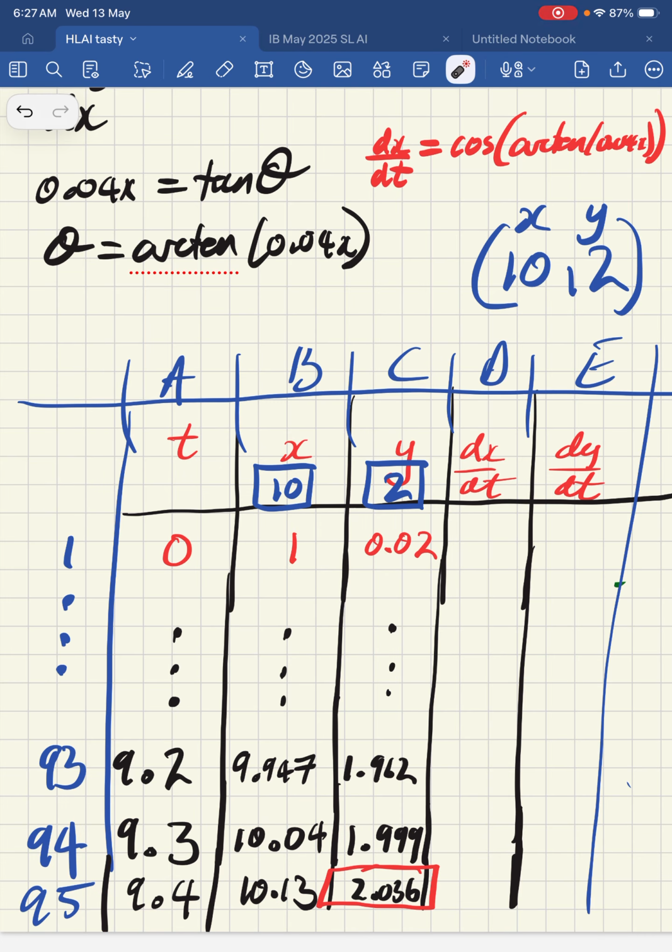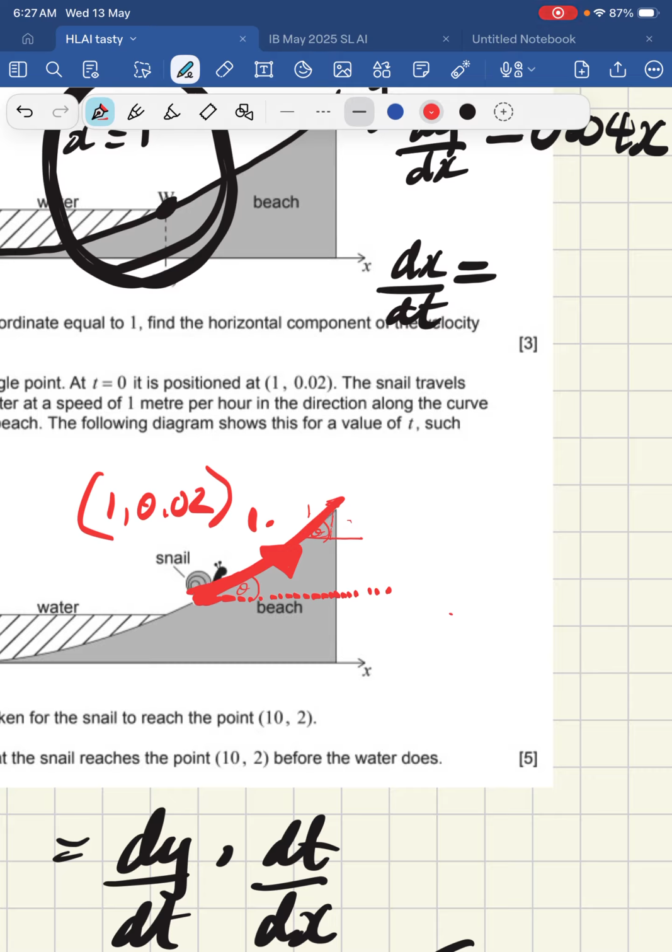I think the alternative way of doing this is a formula that you don't actually know, okay? The formula is for arc length. So if you could work out the length of this curve, sorry, from here to here, right? So if we work out this distance, well, we know we're travelling at 1 metre per hour, so if we could work out this distance, then super simple. In fact, there is a formula.